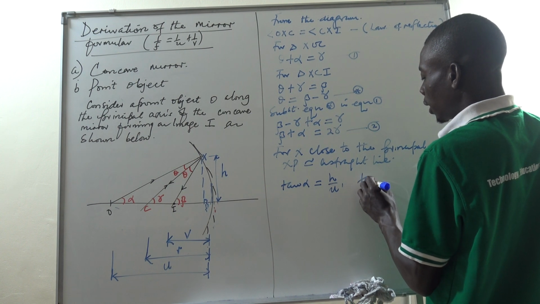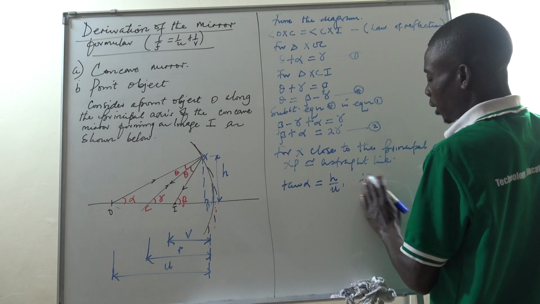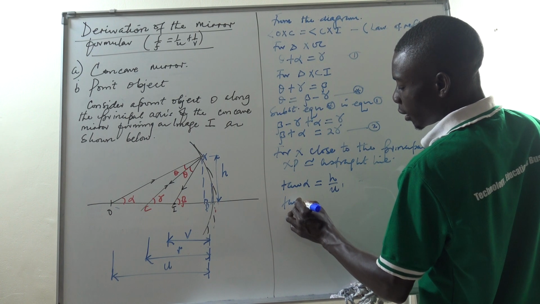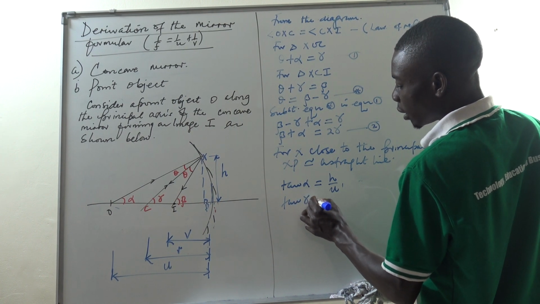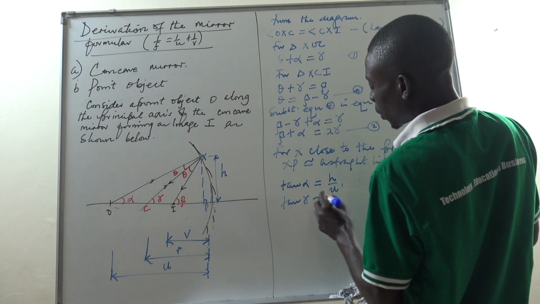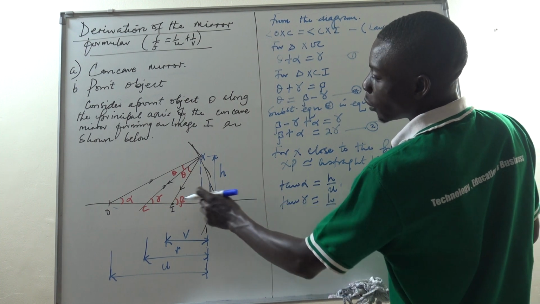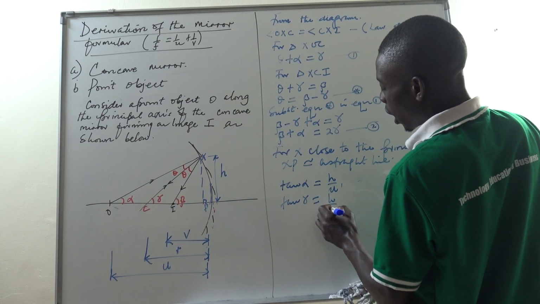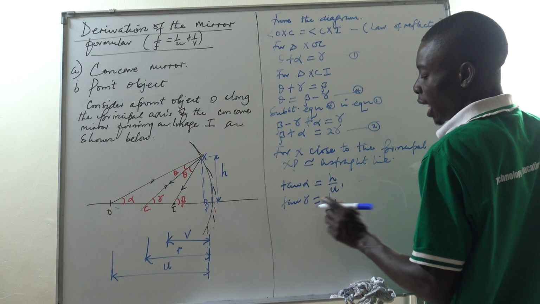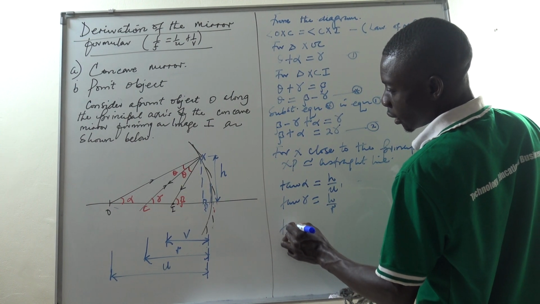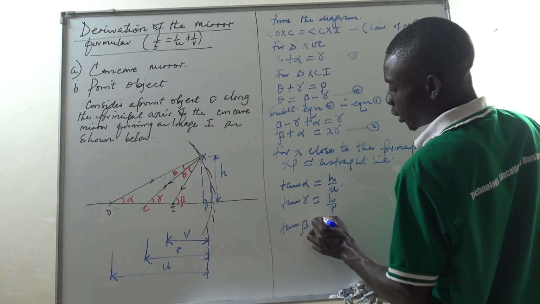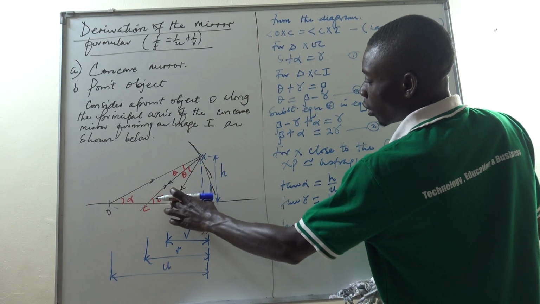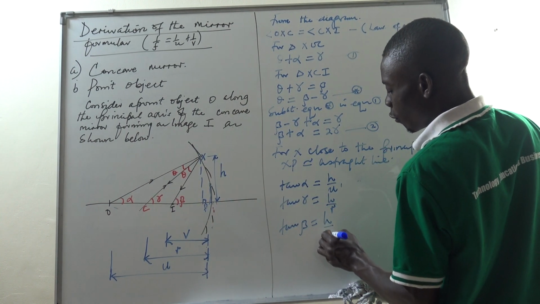It is also true that tan gamma is opposite h out of r, and tan beta is opposite h over adjacent v.